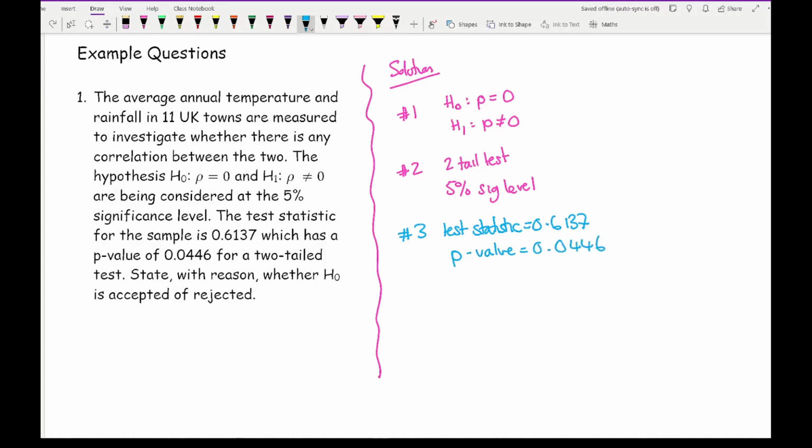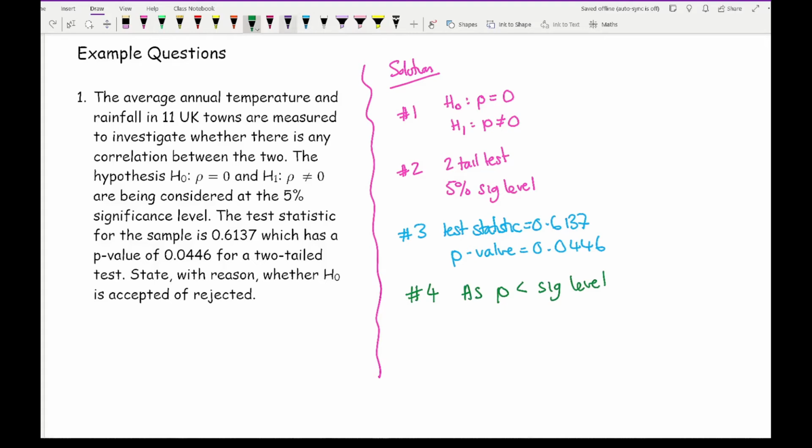Now in terms of comparing, this is where I use that little comparison brief. I've got my p-value and I've got my test statistic, but I haven't got a critical value. Because I haven't got that, that's why I'm going to be comparing.